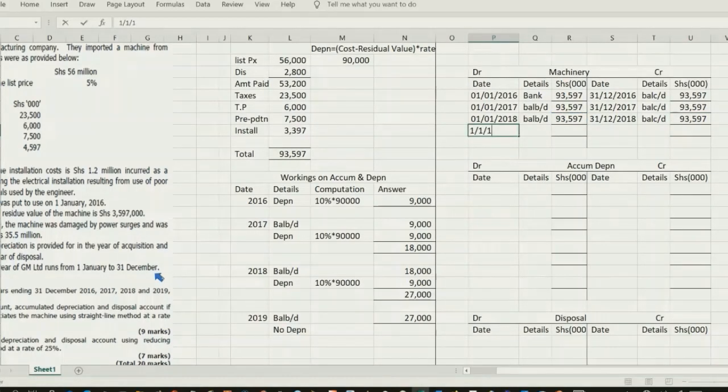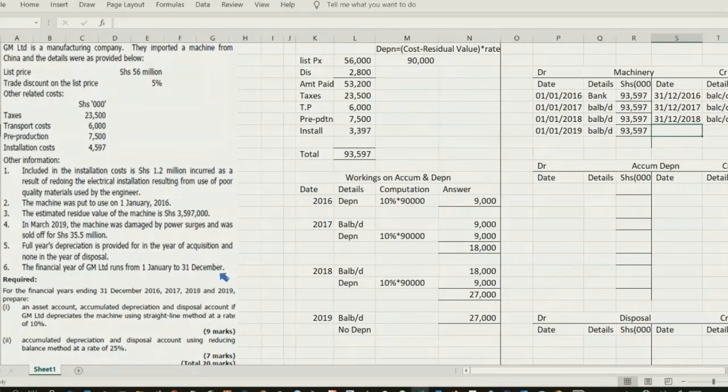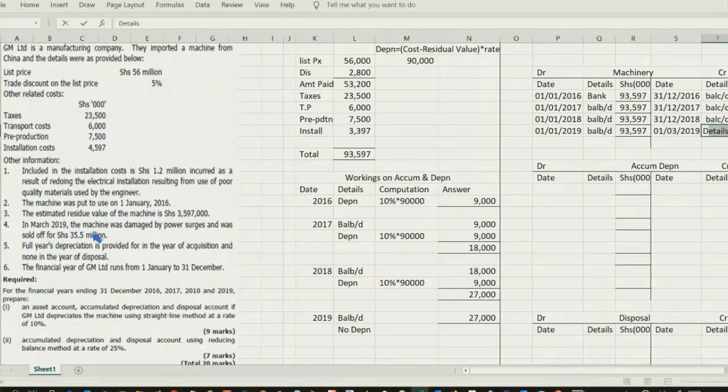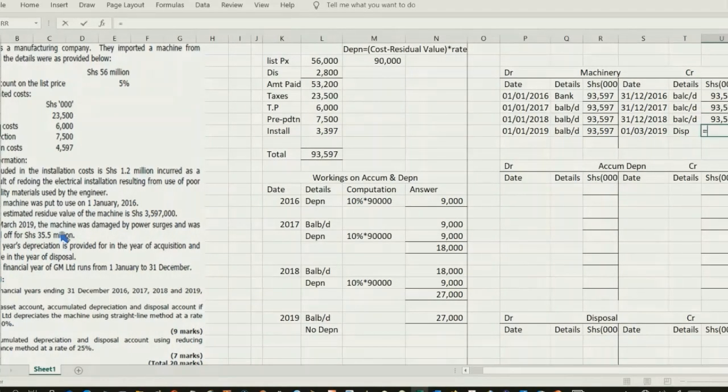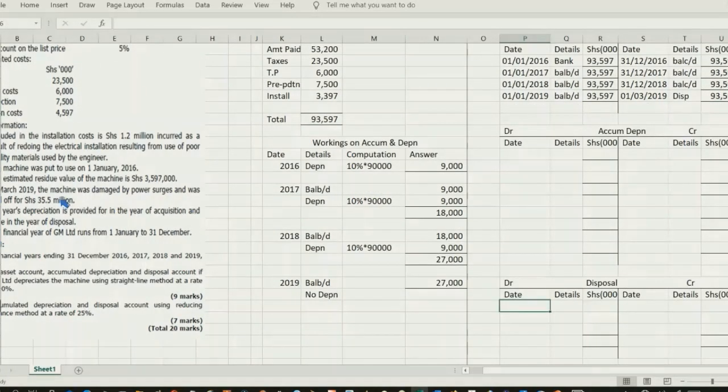So at the start of 2019, our opening balance will still be that same value, but due to the fact that by March we'll no longer be having this machine in our possession, in March it was damaged by power surges and sold off, so we no longer have it in our books of accounts. So instead we're going to say that on 1st of March 2019, assuming it was sold off on the 1st, we disposed of a machine that was costing that value. Right there, the cost value, not the amount we sold it for.